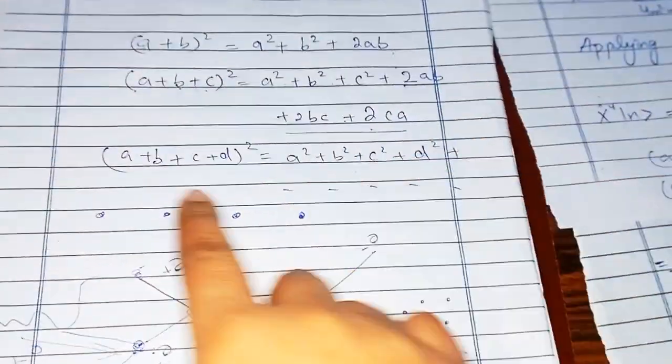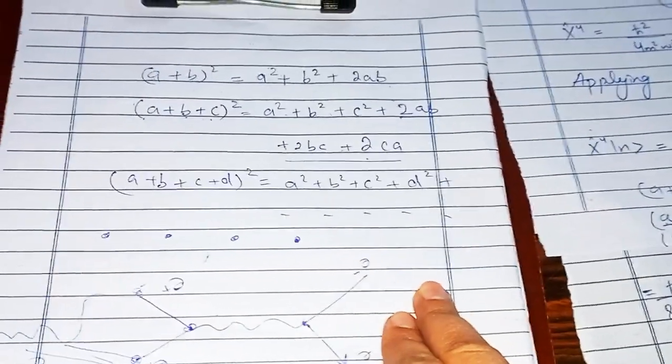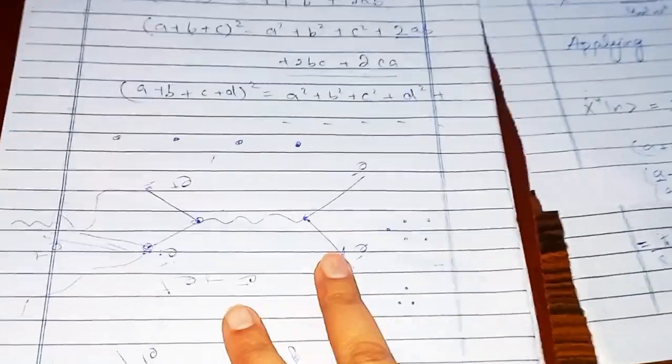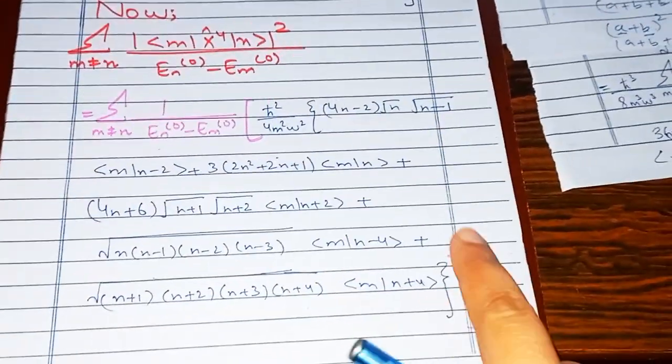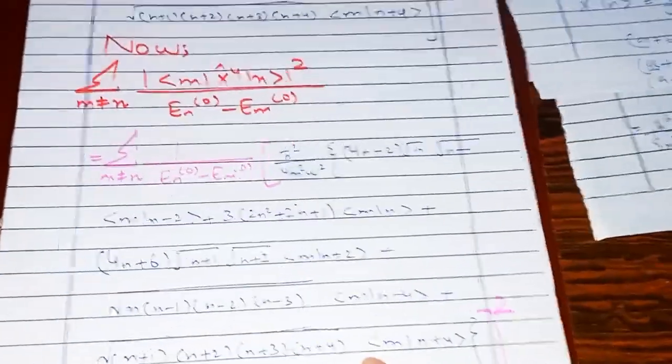Since we have five of them, we'll have maybe 5 to 6 additional terms. So what does this whole square actually equal? Is there any shortcut to write something simpler? Yes, there is a shortcut.